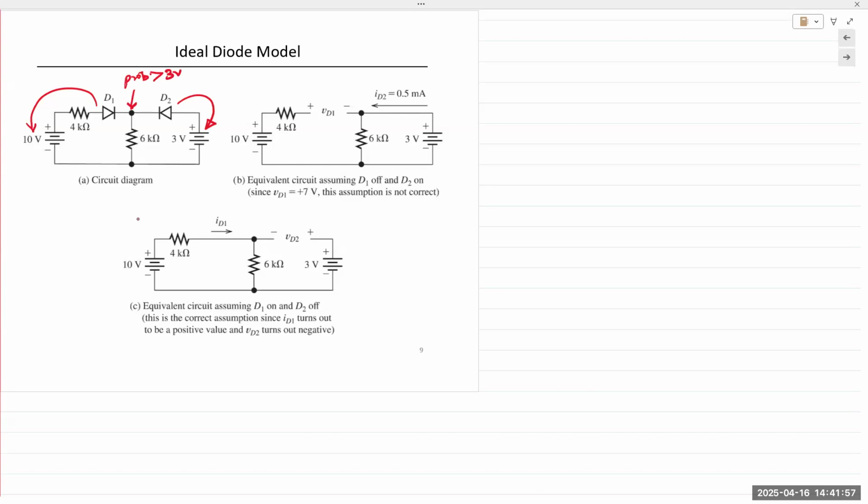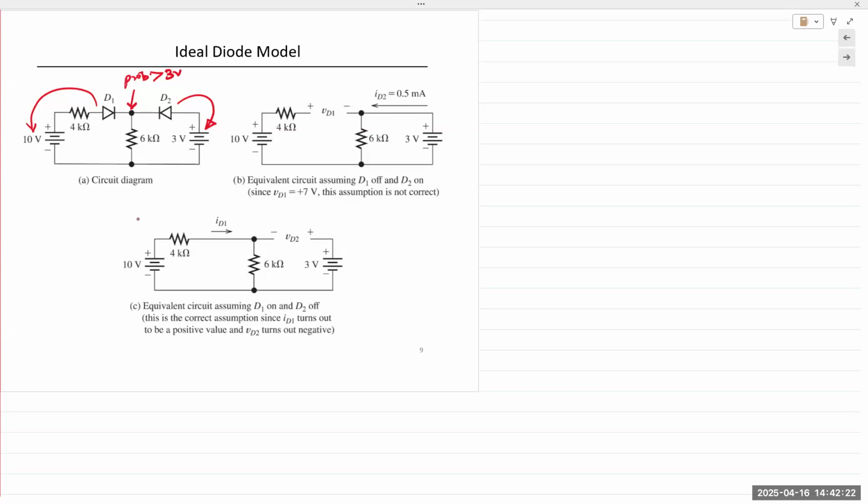Just logic, intuition, observation. So if the midpoint is greater than 3 volts, then the cathode of D2 is likely higher than the anode. And if that's the case, then the logical assumption to make would be that D1 is on and D2 is off. That's a logical assumption I would make if I was analyzing the circuit.